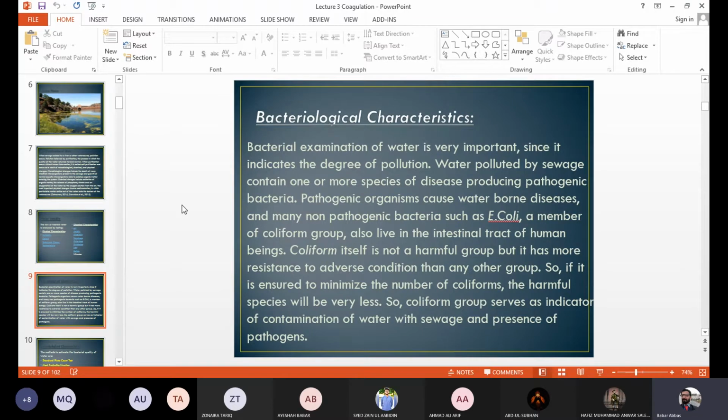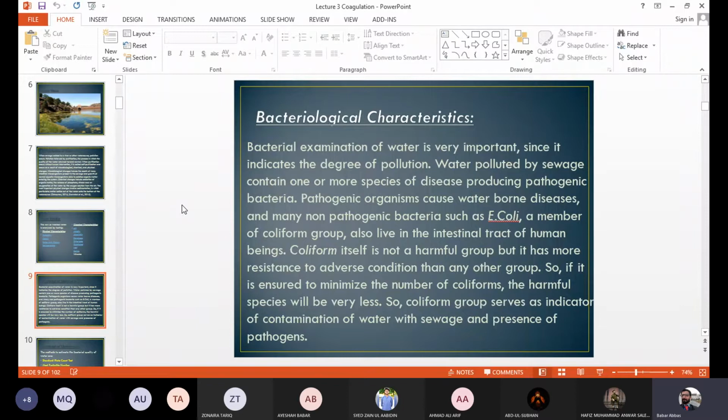Bacterial examination of water is very important since it indicates the degree of pollution. Water polluted by sewage contains one or more species of disease-producing pathogenic bacteria. Pathogenic organisms cause waterborne diseases, and many non-pathogenic bacteria such as E. coli, a member of the coliform group, also live in the intestinal tract of human beings.